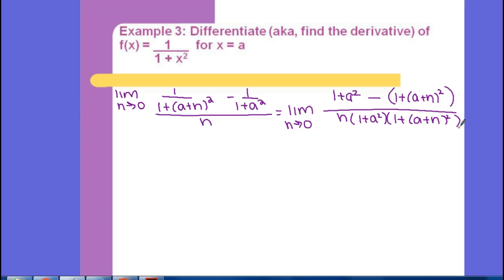Now, let's get into some gross algebra. So I have 1 plus a squared, right? Minus, I'd keep that parenthesis for now, because you got to FOIL the a plus h. So you have 1 plus a squared plus 2ah plus h squared. Do not FOIL or factor your denominator out yet. Keep it as is.